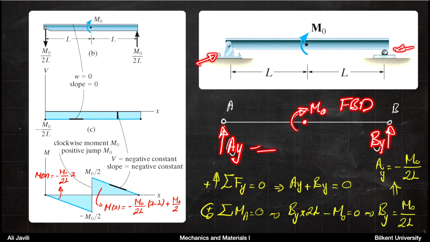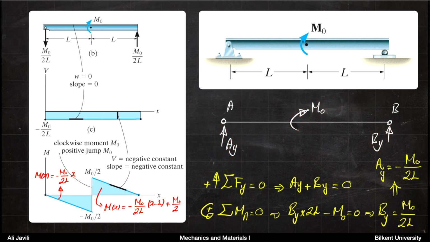Now, in order to calculate the reactions, you have again two unknowns. You can write your equilibrium equations. So you would have two unknowns, two equations, and you can calculate the reactions. The first equilibrium equation is balance of forces in the y direction, that gives you AY plus BY equals 0. The second equation would be balance of moments with respect to A equals 0, assuming that counterclockwise is positive.